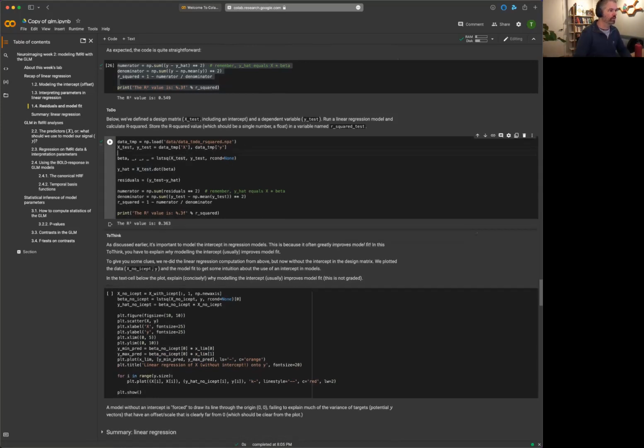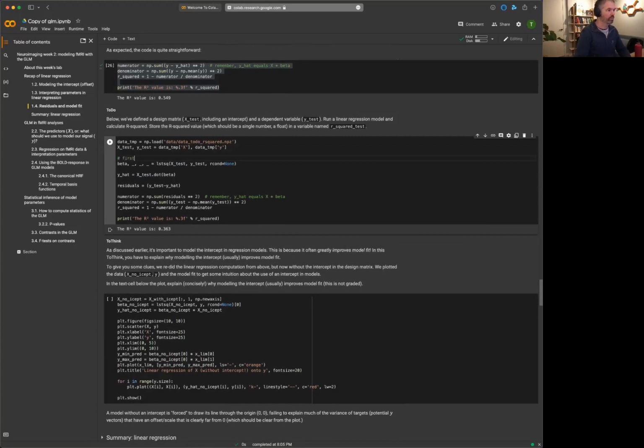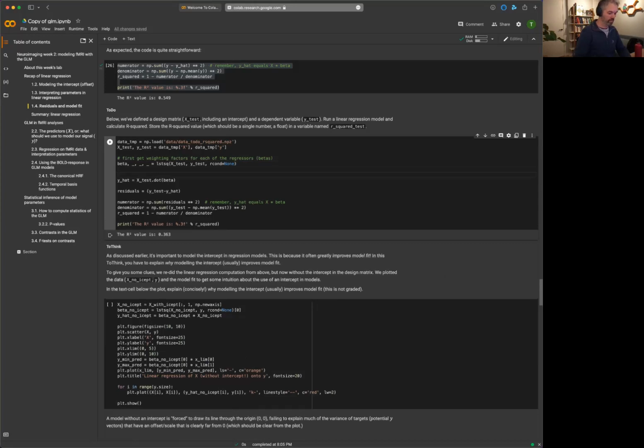So this is what we started out with. And so first we get these weighting factors, right? Weighting factors for each of the regressors. Those are beta weights. Then explained signal, right?